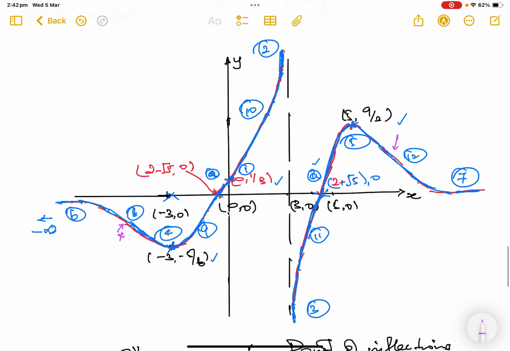So as the graph's going like that, if you would have known this information, we would have drawn the graph slightly differently. So if you come, and then you sort of turn this way and then come in this way.